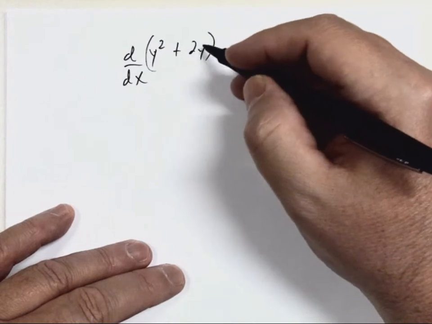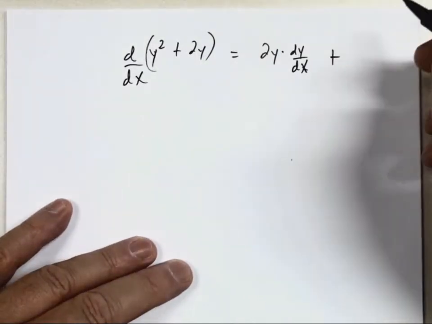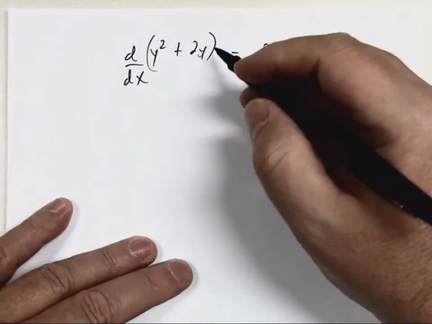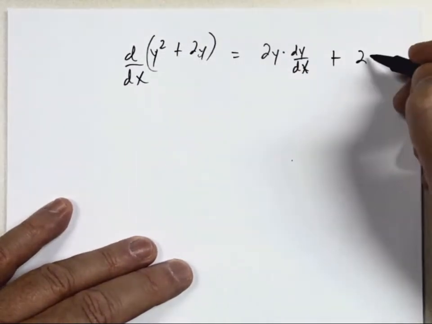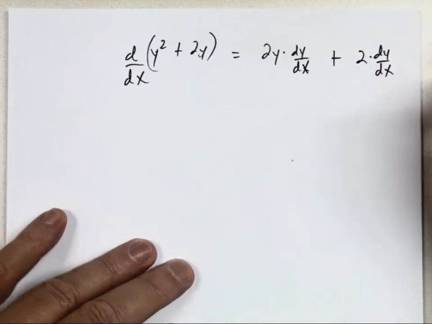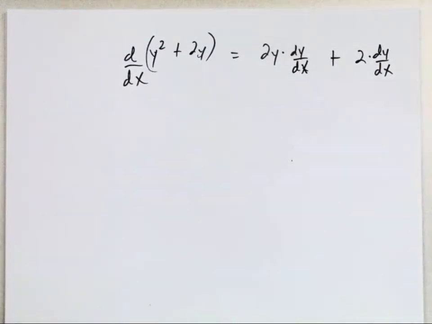And then the derivative of 2y is just 2, but because my variable is y, I then have to multiply by dy dx. So the key is, look at the variable or the variables in your expression or your equation, and then you have to compare it to what you're taking the derivative with respect to.